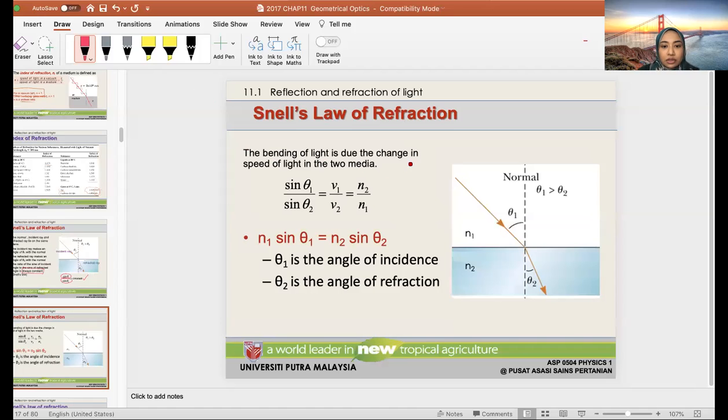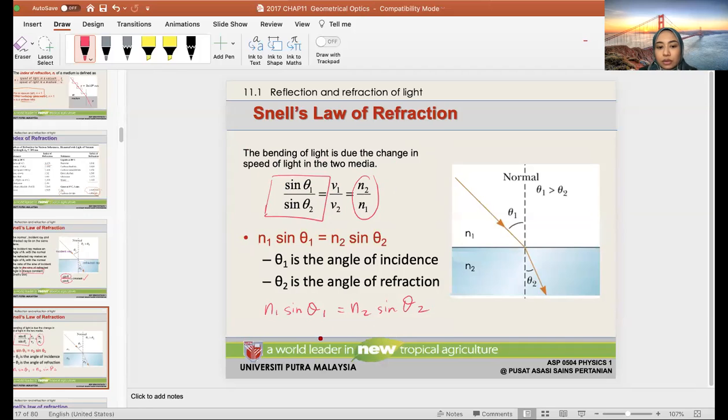So the bending of light is due to the change in speed. How many times do I have to repeat this? So the ratio sine theta 1 over sine theta 2 is equal to v1 over v2, but it is inversely related to the index of refraction. Why? Because Snell's law says that n1 sine theta 1 equals n2 sine theta 2.